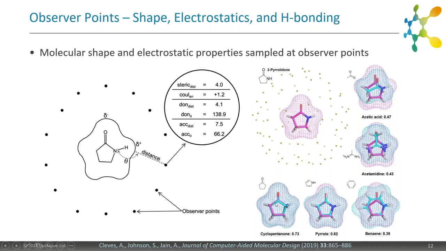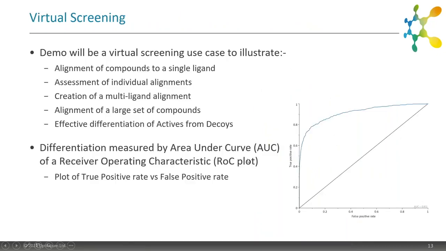And we can see that the cyclopentanone has very good shape correspondence. It has the hydrogen bond accepting correspondence to pyrrolidone. It will just lack the area and the observer points for this hydrogen bonding. Therefore, it's not a perfect match, but it is better than the other examples that we have here. And we can quantify that with the similarities.